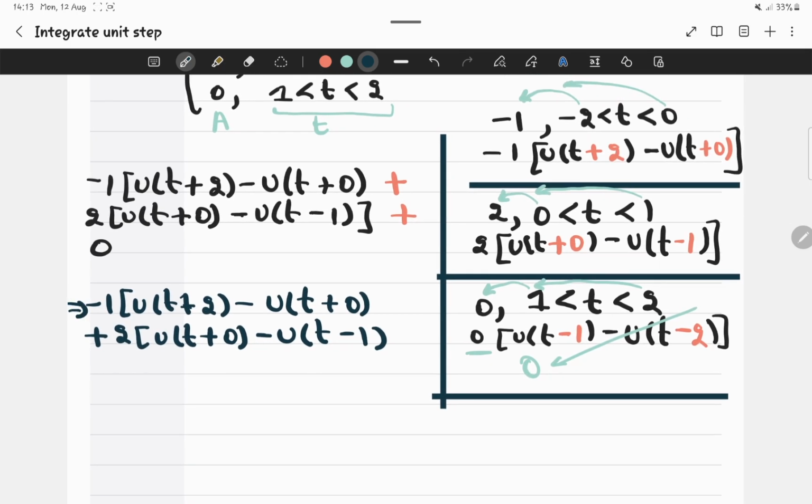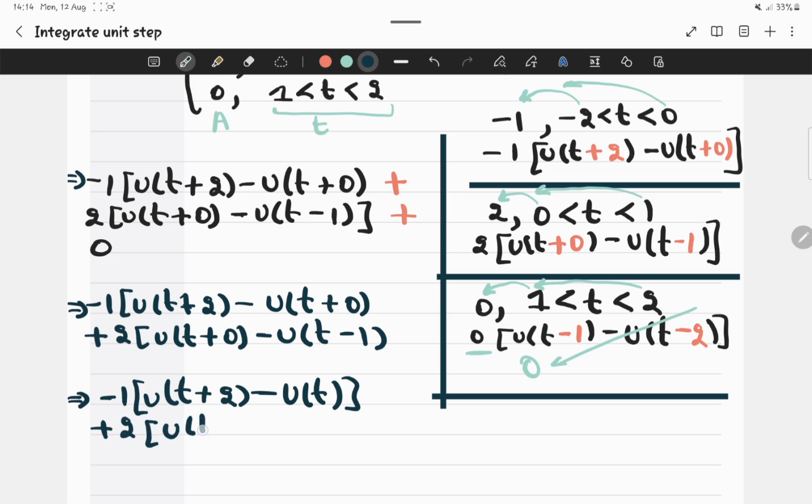I can also rewrite this equation like this, and let's see if you see the difference. Plus 2. Since this one is negative u of t, plus 2 u(t) negative u(t minus 1).